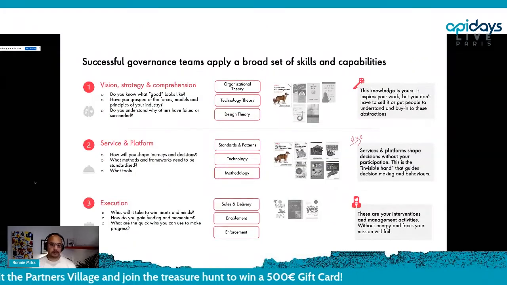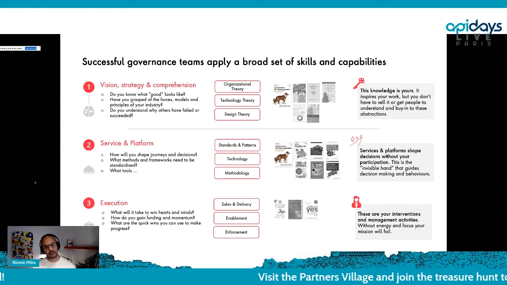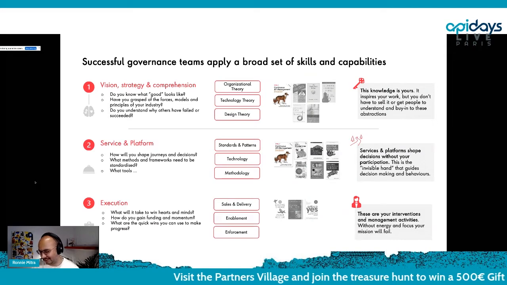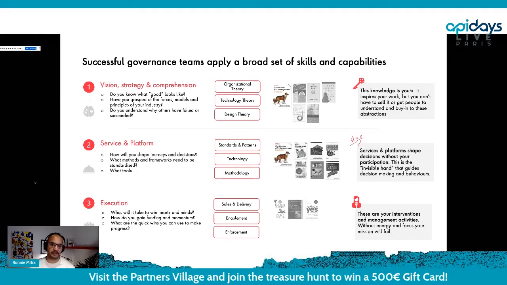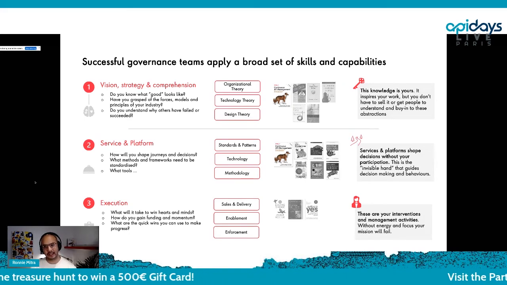In the places where I've seen it work, they're able to do a lot of things at the same time, right? So if you're in this position, if you're responsible for the success of API-enabled transformation, or if you're in an API governance team, these are the things I think you really need to be good at.